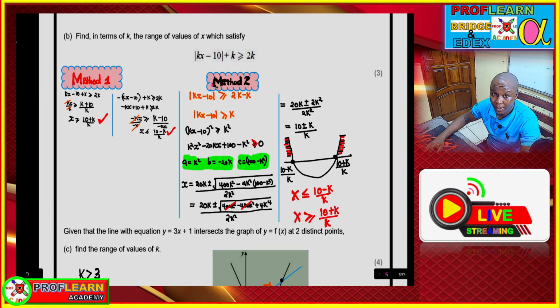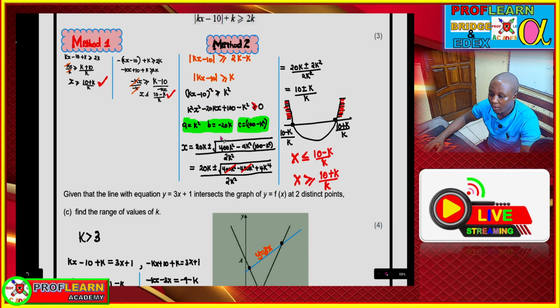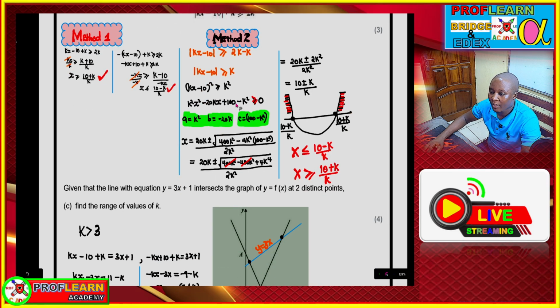Another way you can look at it, the second alternative method, is you take this k to the other side, you simplify the expression, you remain with modulus kx minus 10 is greater than or equal to x to k. Then you square both sides so that you get rid of the modulus. If you want to get rid of the modulus, you are going to square that. So if you square, then you are going to have a quadratic equation whereby our a is k squared, our b is negative 20k, and our c is 100 minus k squared.